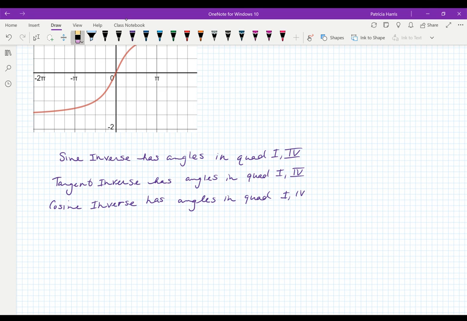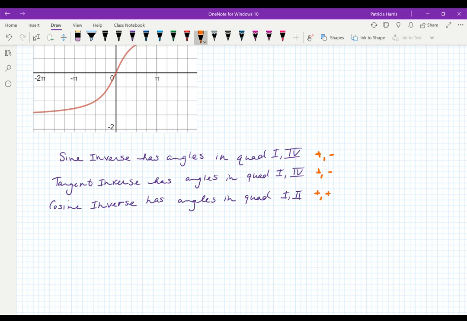Okay? So for sine and tangent, you'll have positive and then negative angles, and then positive angles for cosine. Okay.